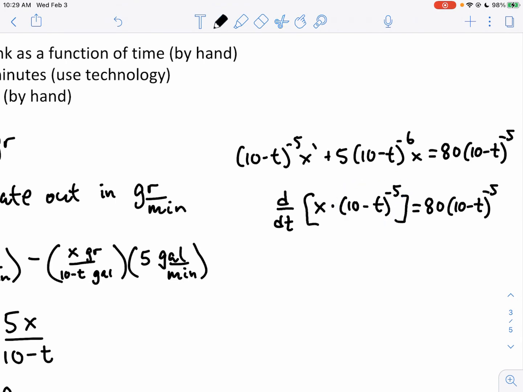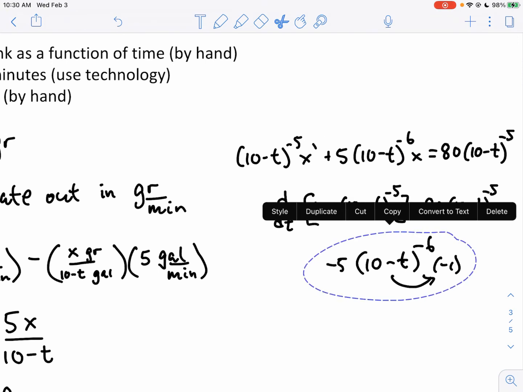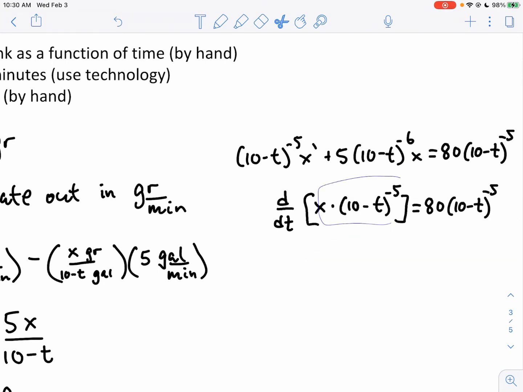If we differentiate this, the negative 5 would drop down to the front, 10 minus t would be repeated, new power would drop to negative 6, and the chain rule would output a negative 1. And this negative 5 and negative 1, those would become positive 5, and so sure enough, here is our derivative of the integrating factor. So this does work. Doing the product rule on this does produce this statement right here. So we are safe moving forward.